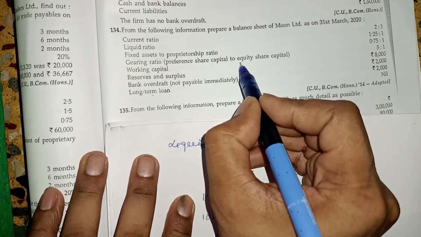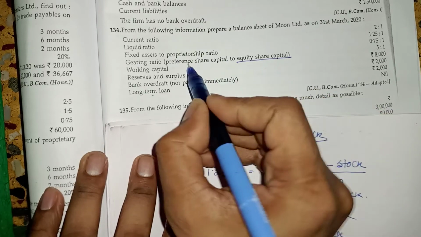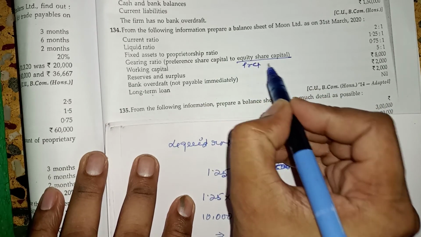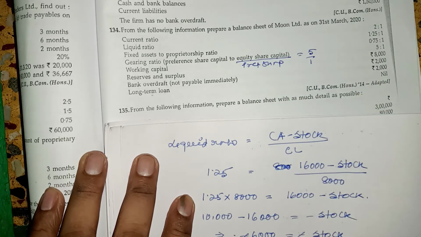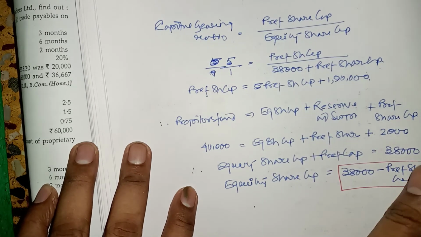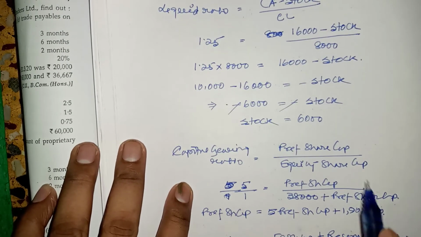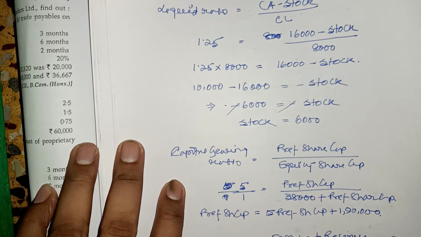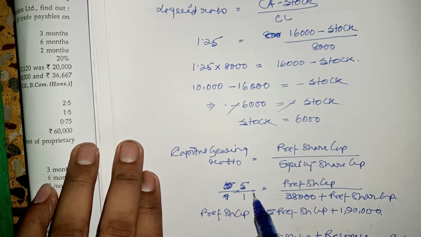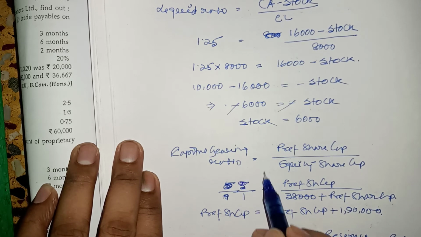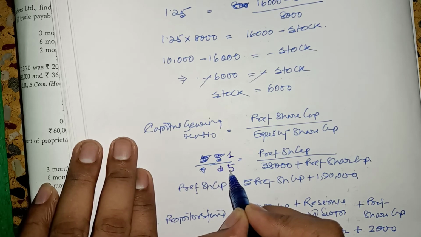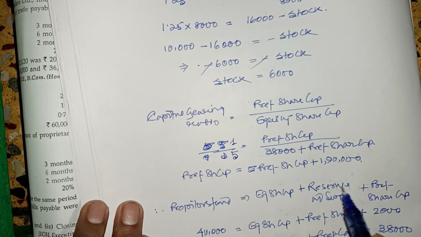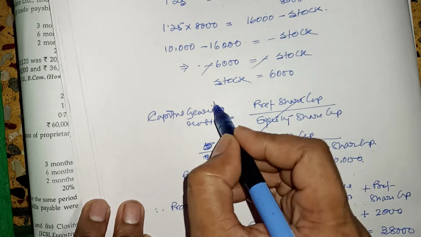That means the equity part should be greater than the preference share part. So we can say it is 5/1, equity share capital by preference share capital is equal to 5/1. Or we can write here our preference share capital is 1 and this is 5. It's better.